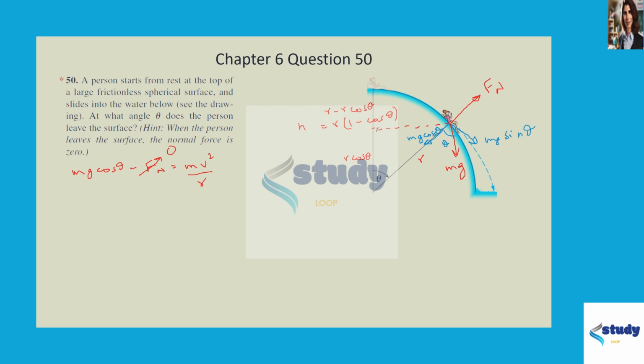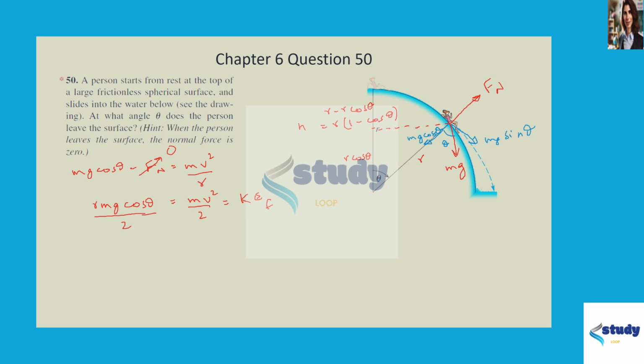So I can rearrange this equation a little bit. I can pull that r over to this side. I can say r mg cosine of theta is equal to mv squared. And then I can divide both sides by 2, and what that gives me is the kinetic energy of the person at the moment that they are about to lose contact.